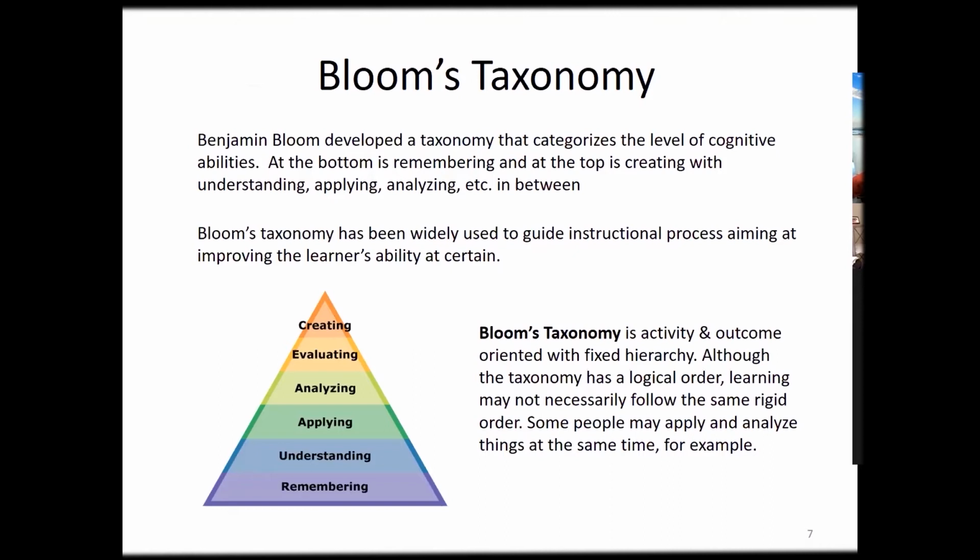If you learn multiplication, you need to remember the multiplication table. That's very basic. But you move on to the next level: what is multiplication? You try to understand what that means, how it is different from addition, right? Then you start to understand the relationship between the two different variables in the multiplication.